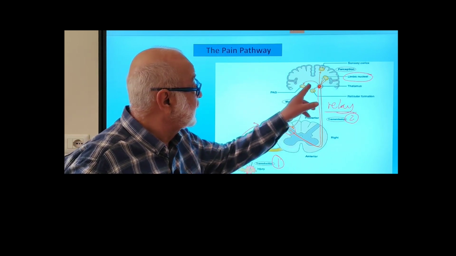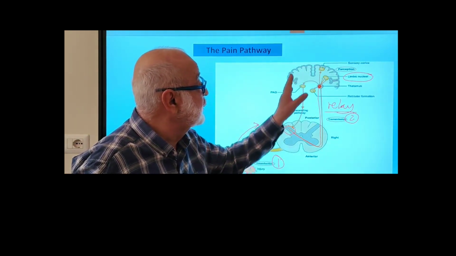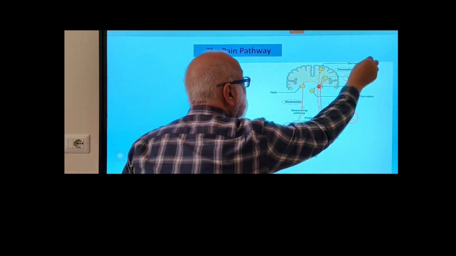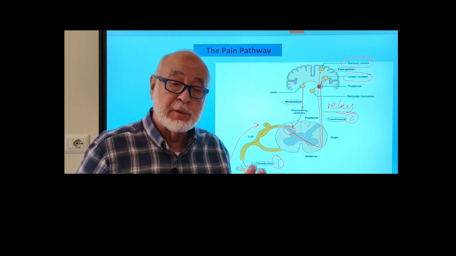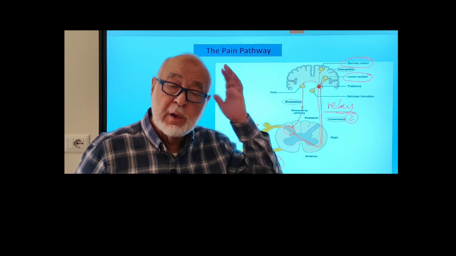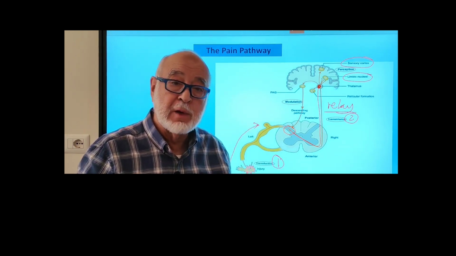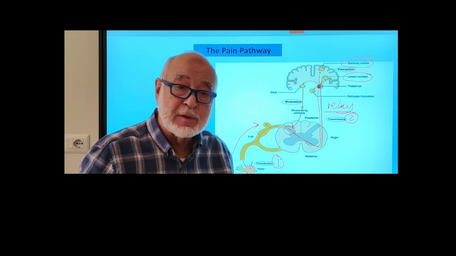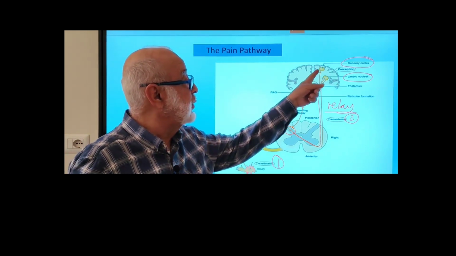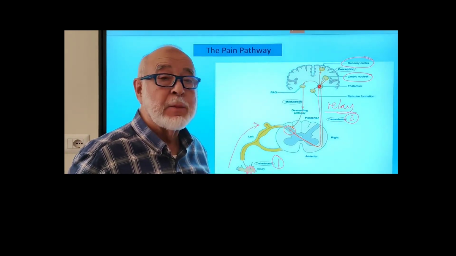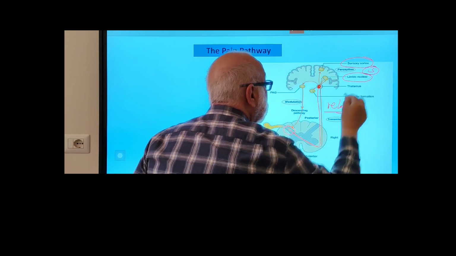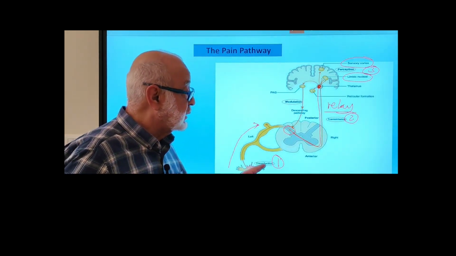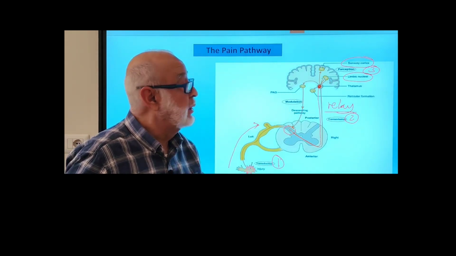Also, the thalamus will relay this sensation to the sensory cortex. And we have said that the sensation takes place in the sensory cortex. So the place of the stimulation or of the pain, and the strength of the pain, will be determined in the sensory area. We call that perception. So this is the third process of pain sensation: transduction, transmission, and perception.